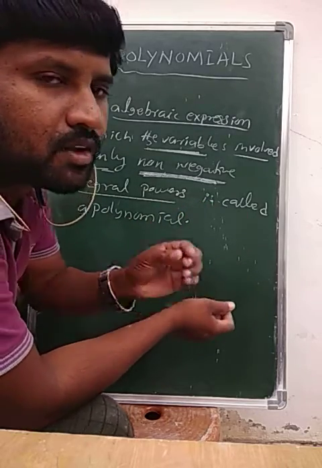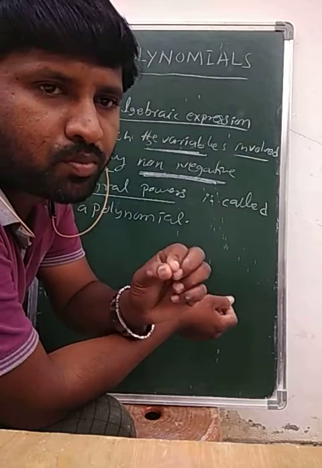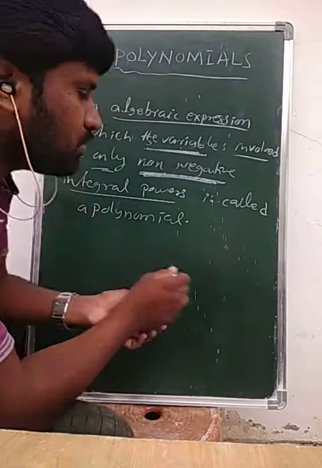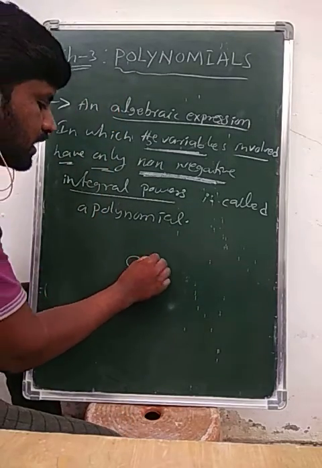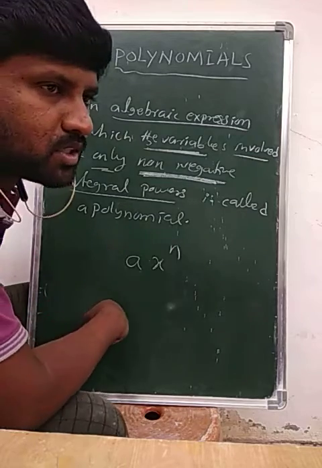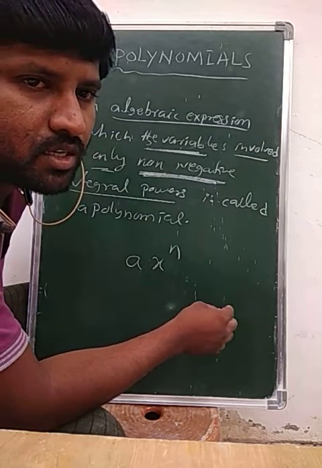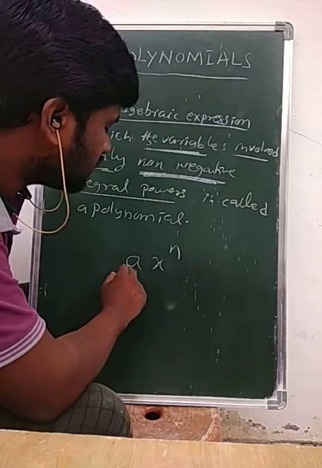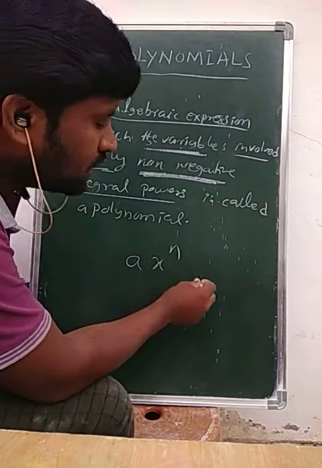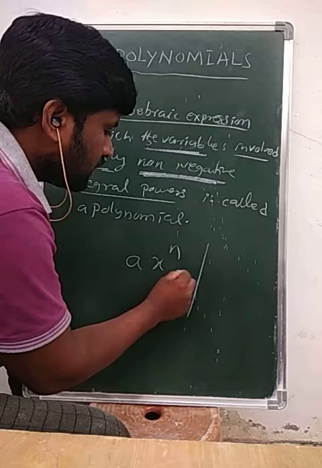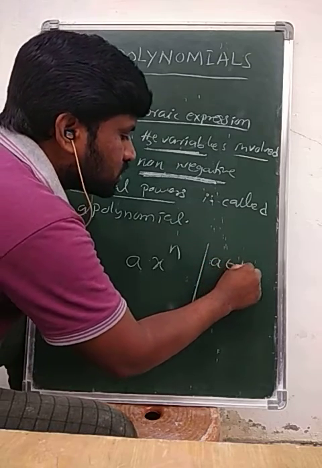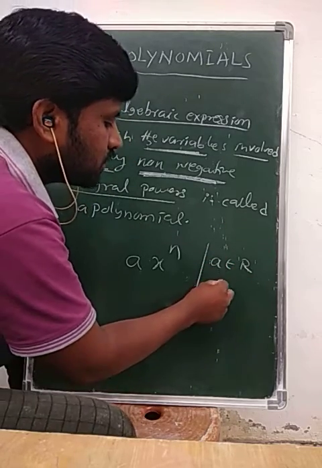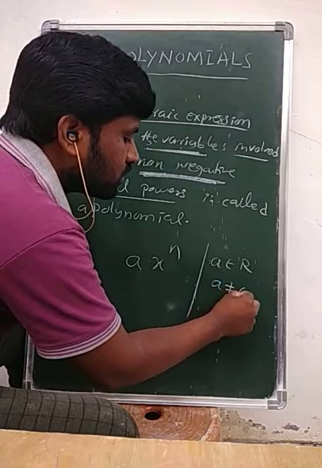Simply, every term of a polynomial should be in the form of a x power n. Clearly, here a belongs to real numbers and a is not equal to 0.